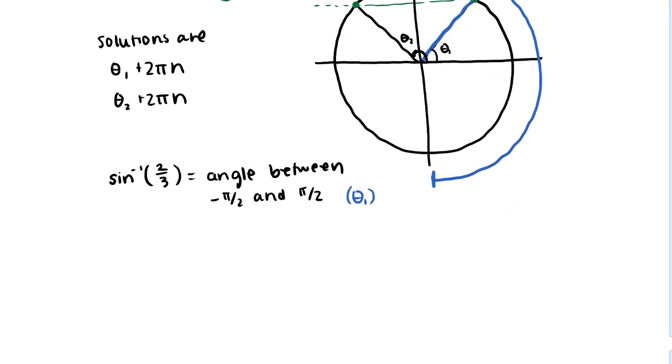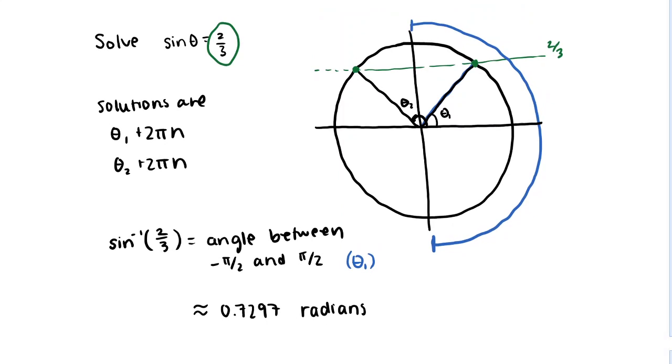If I compute sine inverse using just a calculator, it'll give us approximately 0.7297, and here I'm talking radians. Usually, if I don't include a unit here, we're talking about radians, but I'm just listing radians there to be very, very clear. So that's this angle here.